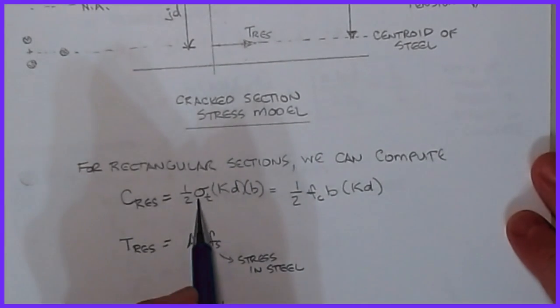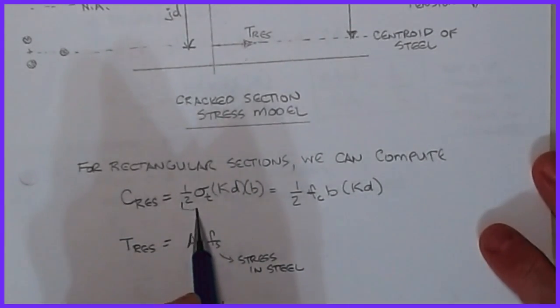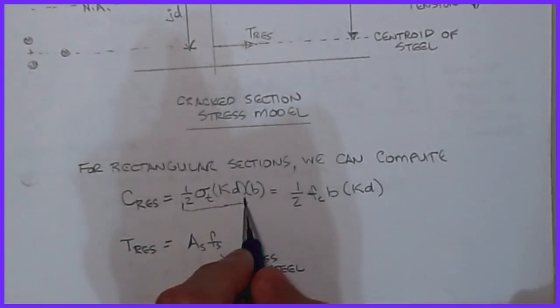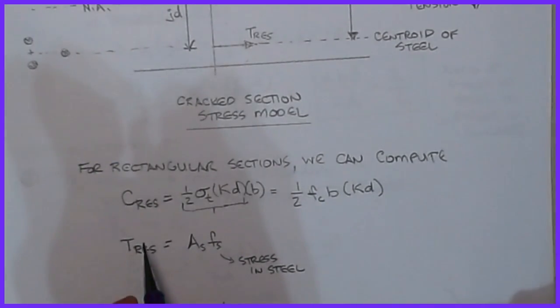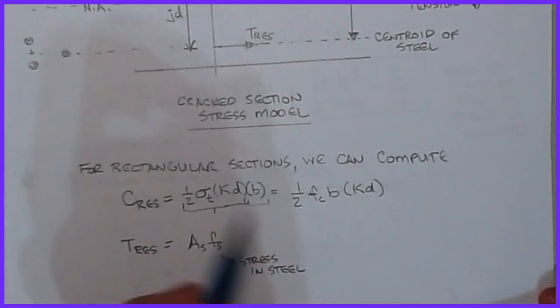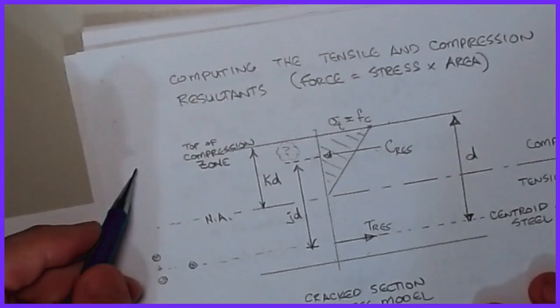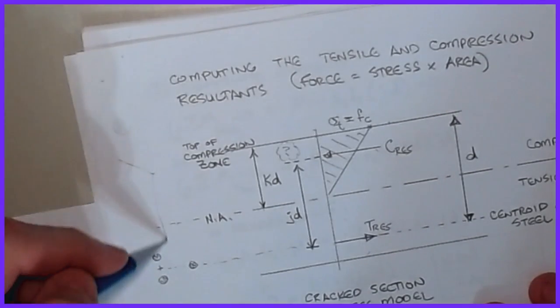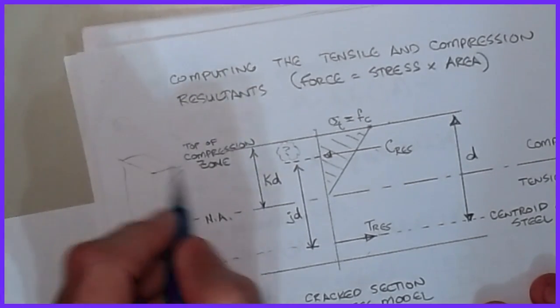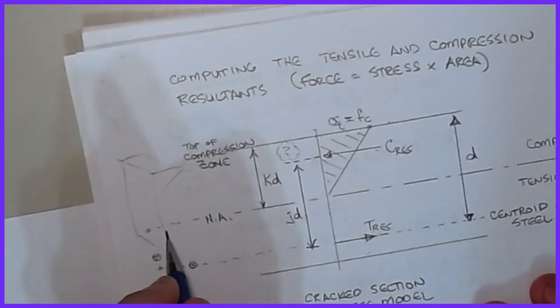So for rectangular sections, relative to that picture, we can compute this piece as being the area of the triangle, multiplied by the width b, which is going into the board. What's happening here is I'm taking my cross section, and I'm getting these big blocks looking something like that, and here's my As.